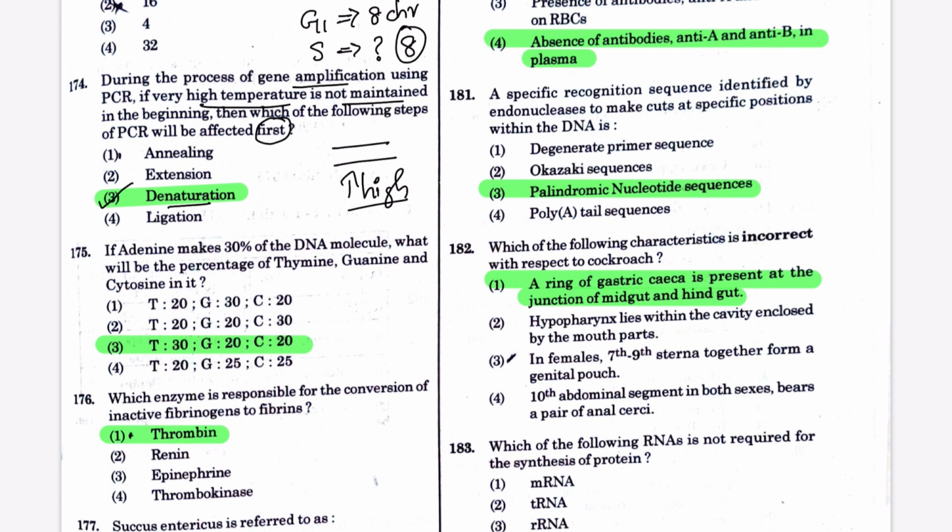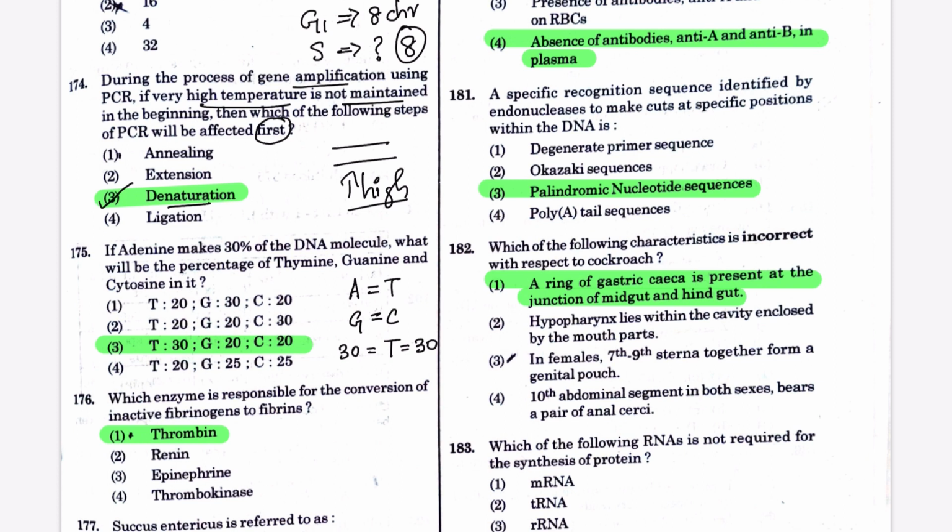If adenine makes 30% of a DNA molecule, what would be the percentage of thymine, guanine and cytosine in it? Easy question, right? Always adenine will be equal to thymine, and guanine equal to cytosine. Remember this. They have told adenine comprises 30%. If adenine is 30%, obviously thymine will also be 30%.